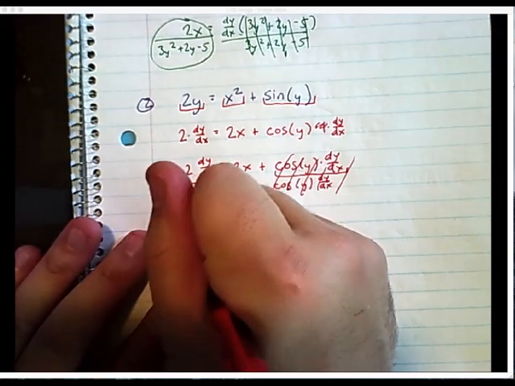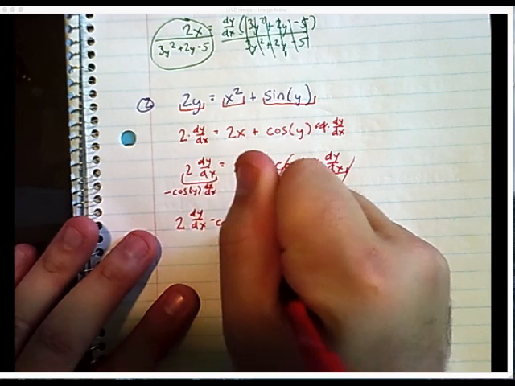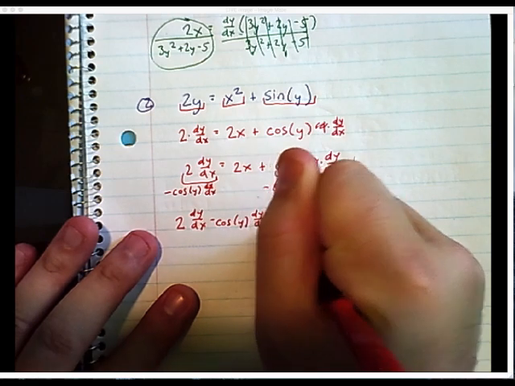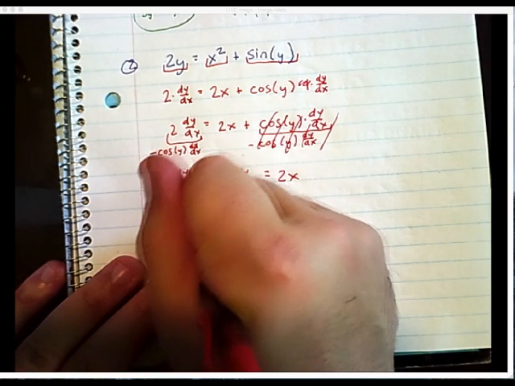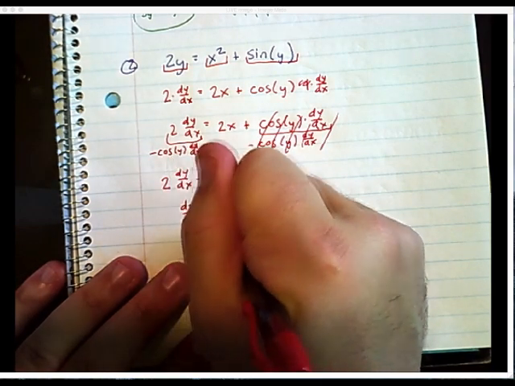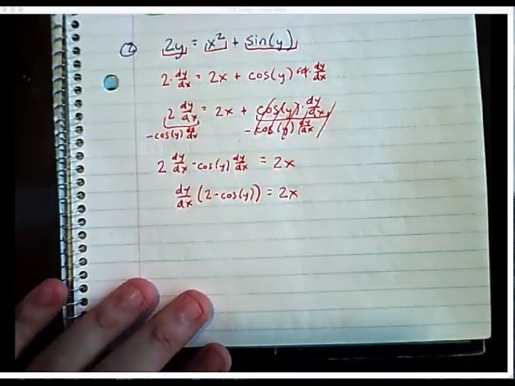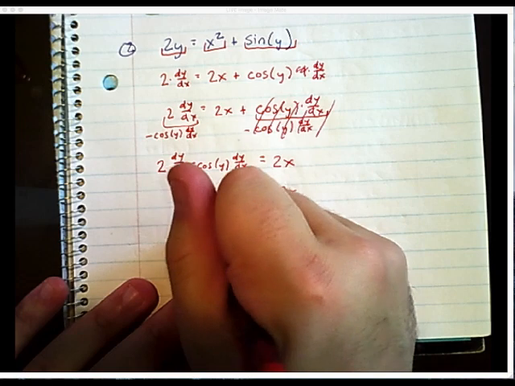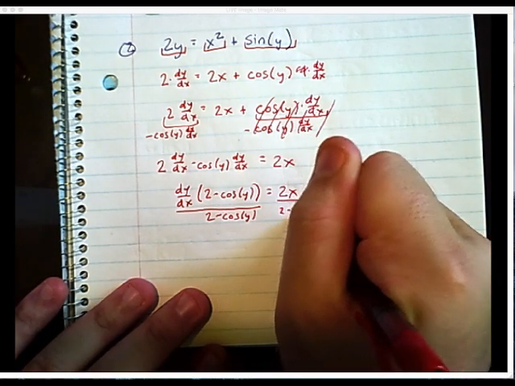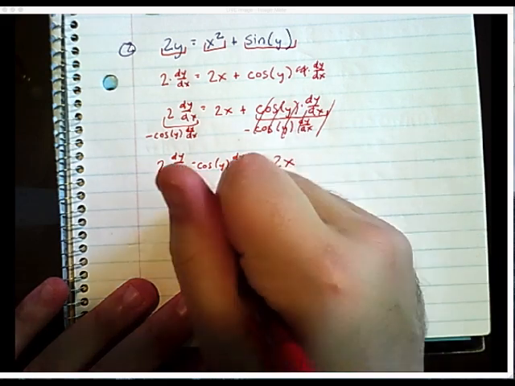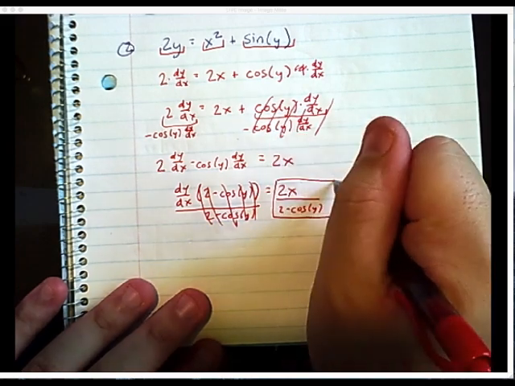So now I have 2 dy dx minus the cosine of y dy over dx, and that's going to equal 2x. So just like before, factor out the dy over dx. And if we want to solve for dy over dx, we would just divide through by 2 minus the cosine of y. So this would be the derivative relation.